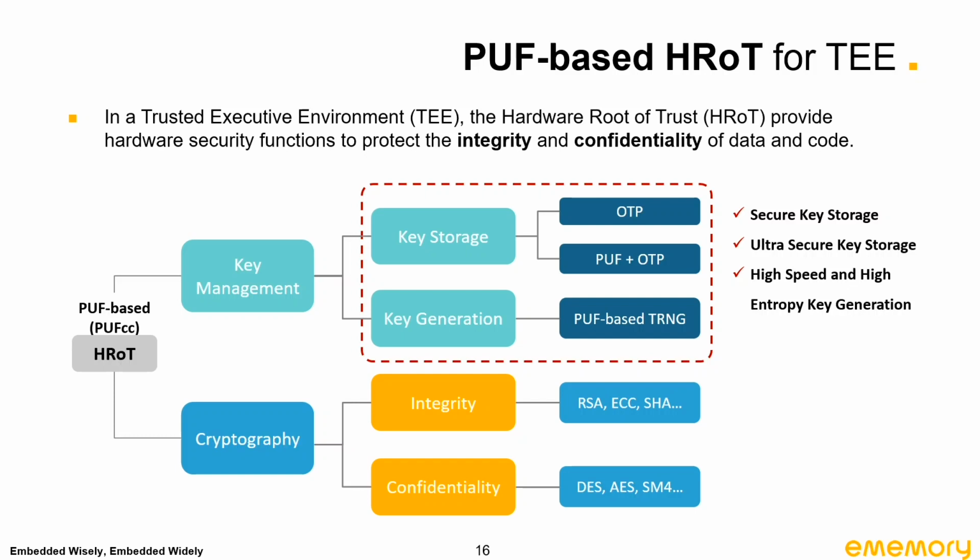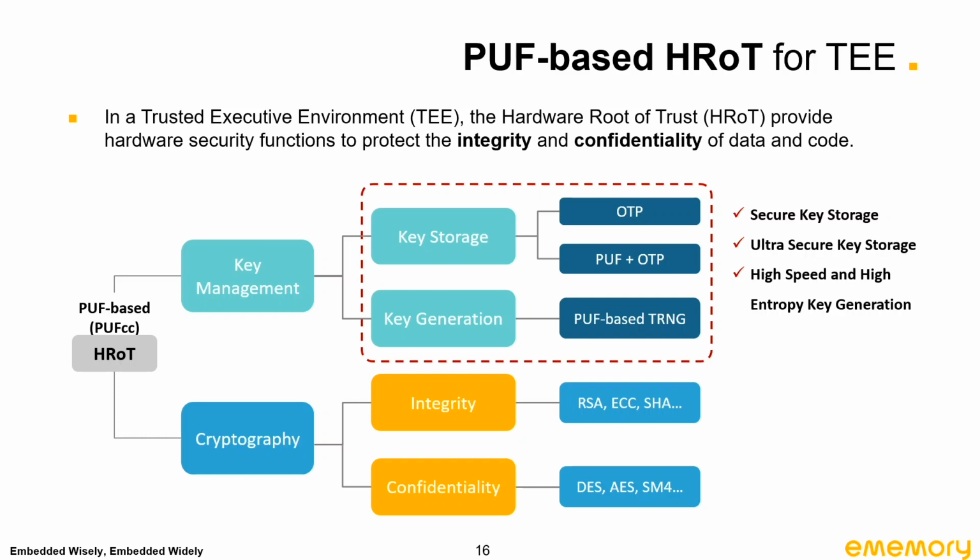It consists of key storage, key generation, key protection, and the cryptographic engines, all combined for comprehensive security. So let's look at this view graph. Our POP-based crypto processor, which we call the POP-CC, can fulfill the role of all functions mentioned above.